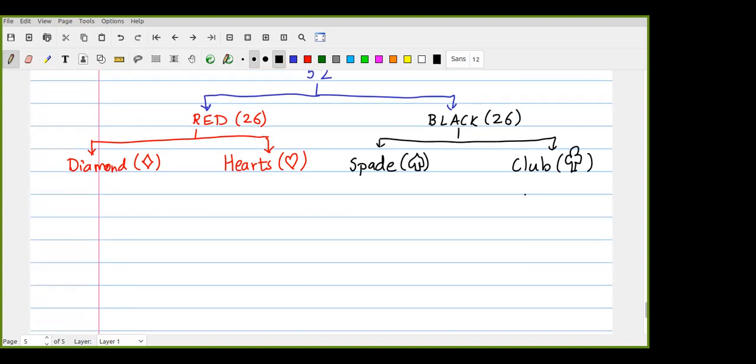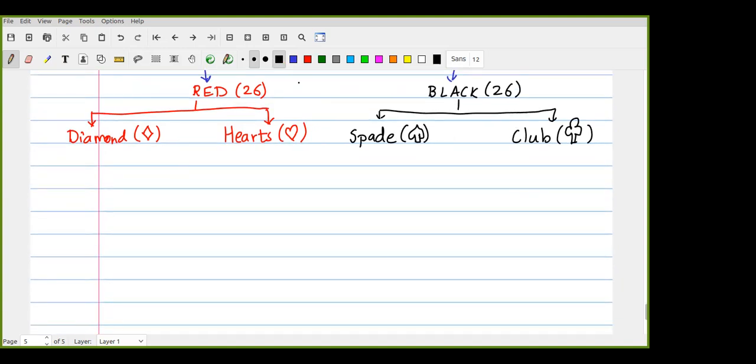Within each of them we have numbers. First we have ace, then numbers 2 to 10, then king, queen, jack.